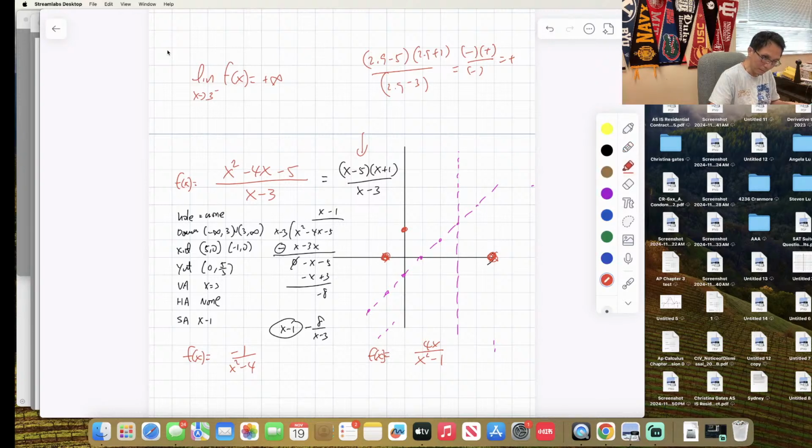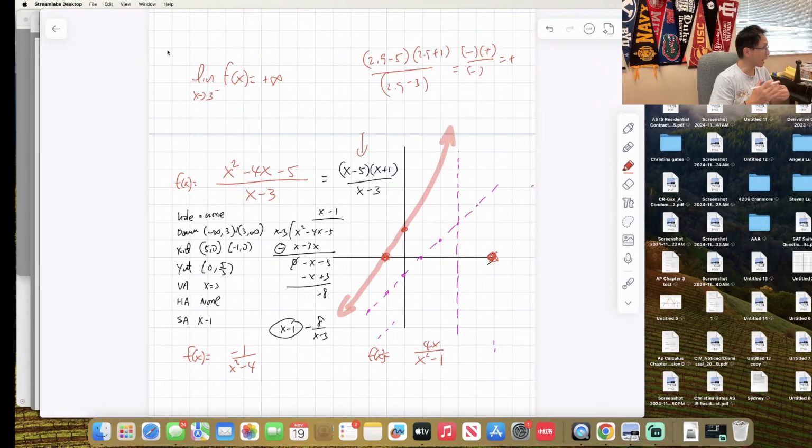So this side is going to go like this, and just draw an arrow, keep on going up. It's never going to pass the vertical asymptote. Sometimes the graph can cross a slant or horizontal asymptote, but most of the time the vertical one is just not touchable. Okay? Now what happened to this side?